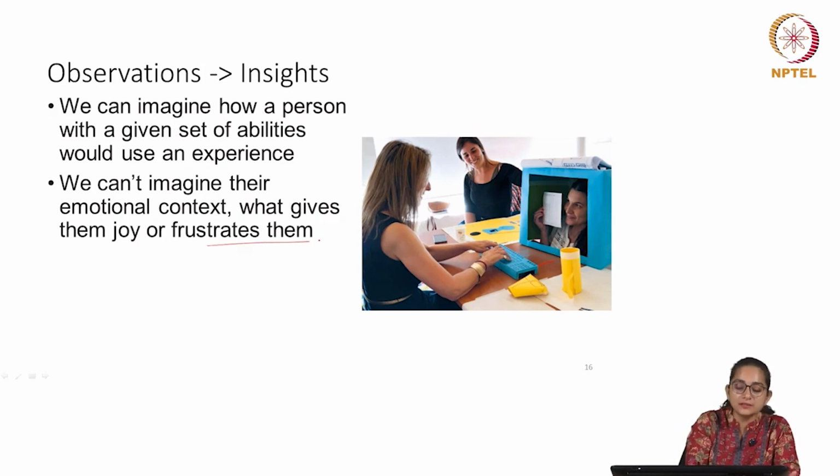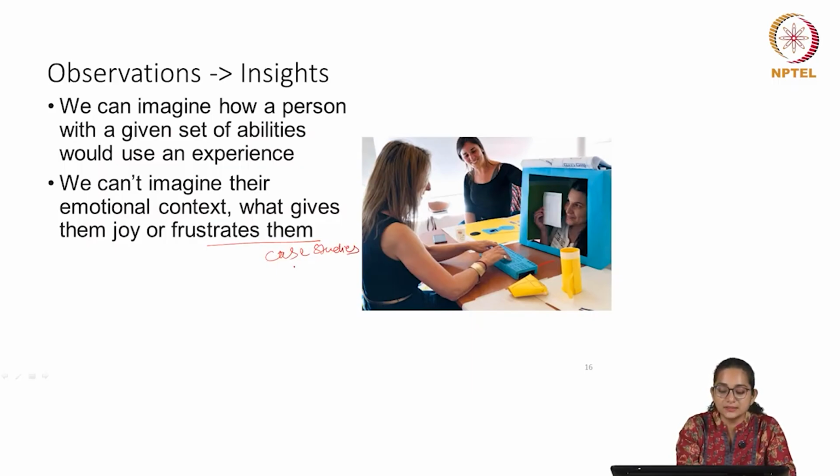So this aspect, in some of the later sessions, we will also look at some case studies where the designers did their role play, they did their basic research, and they tried to step into the shoes of the users.